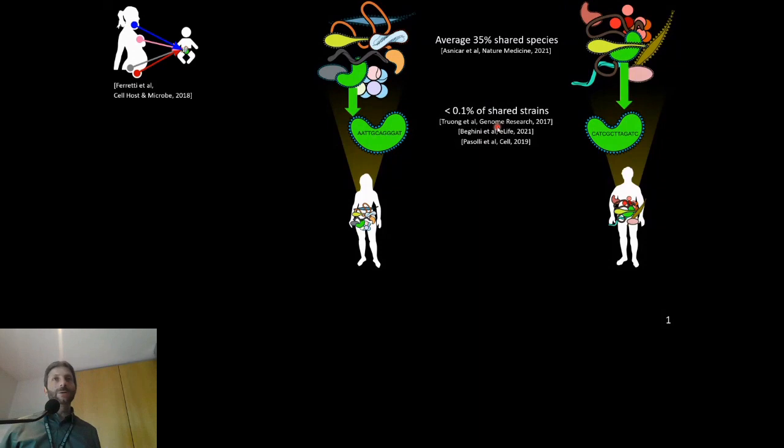And so the question is, how did we acquire this huge diversity in each of us? We studied several years ago the fact that for sure the mother is transmitting strains to the infant at birth, during the process of delivery and during the first few hours of life. But our adult microbiome is very different from the infant microbiome. So this may explain no more than 10% of the adult microbiome composition.